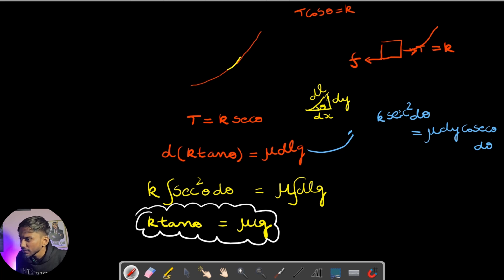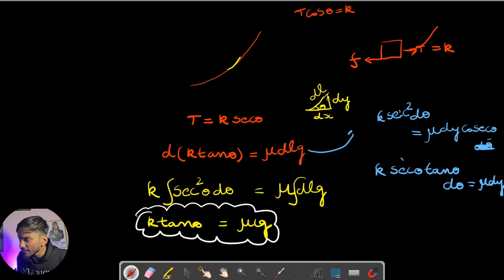Now, d theta or cosecant theta, right? Now K times secant square theta, that is secant theta into secant theta by cosecant theta, which will be tan theta, into d theta is equal to mu times dy.